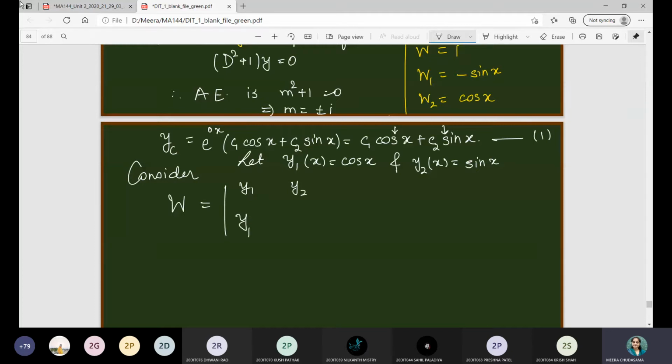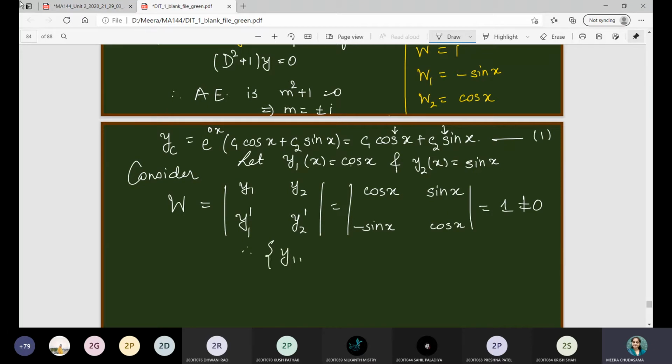So by the Wronskian definition, it will be cos x, sin x; derivative of cos x is minus sin x, and sin x derivative is cos x. So cos square x plus sin square x, which is 1. This is different from 0, therefore y1 and y2 are linearly independent, right? You can write.